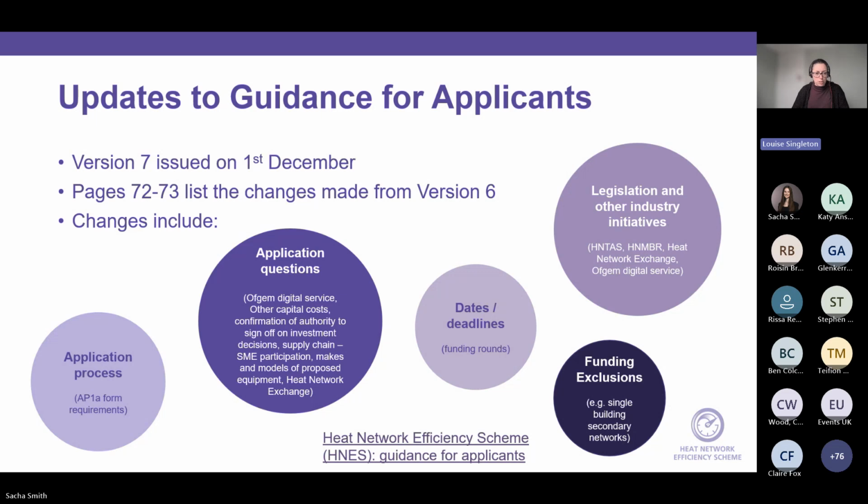So we just ask a few more questions on that side of things. There's also a bit of an update around legislation and other industry initiatives, so a bit more information about how HNES relates to HNES. Again, there are some slight changes to the metering and billing requirements and how that interacts with HNES as well. So it's worth having a look at the document, even if you've applied before, because there are some changes to it.